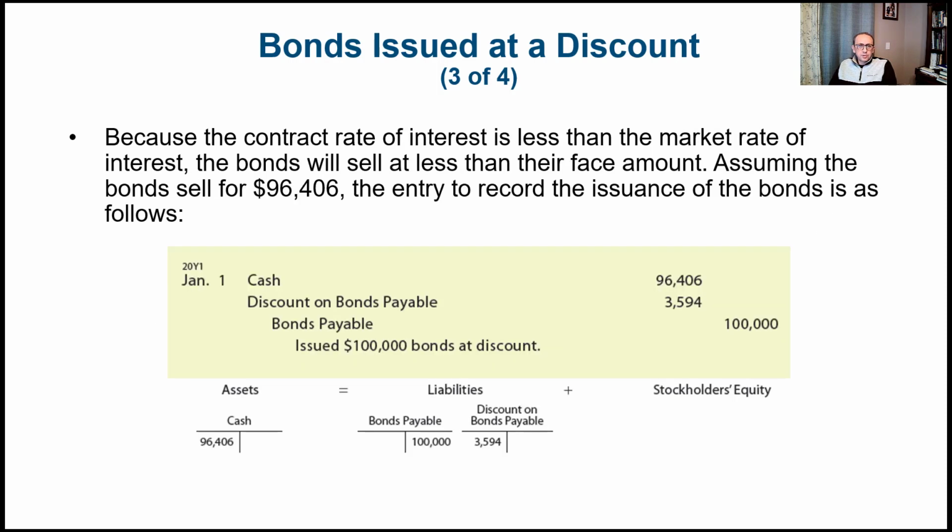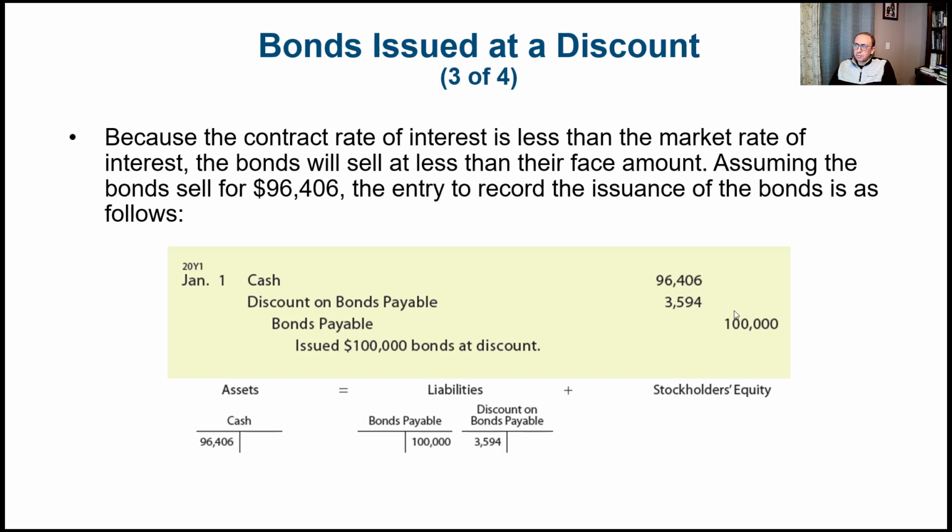So because the contract rate of interest is less than the market rate of interest, the bonds will sell at less than their face amount. Assuming that the bond sells for $96,406, and this is given to you, the entry to record the issuance of the bond would be as follows. We're going to debit cash for $96,406, which is the cash received.